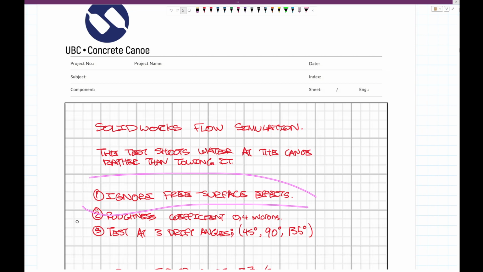Between them, at the canoe, there are going to be a lot of different disruptions, like spray and water that comes into the air. But we're going to ignore those effects. Why? Especially in a canoe setting, at lower velocities compared to high-speed boats, wave making isn't that much of a problem.